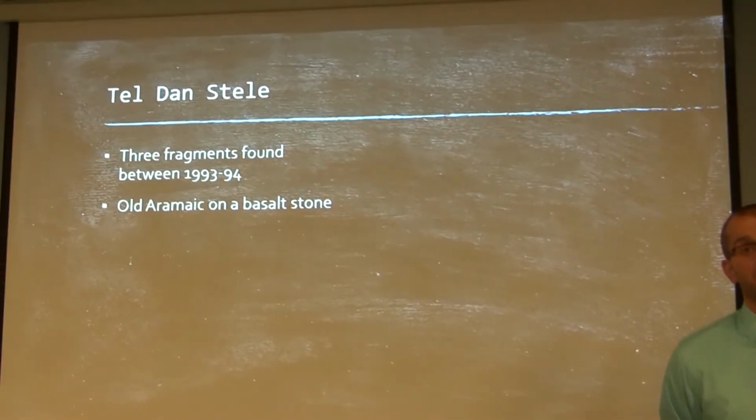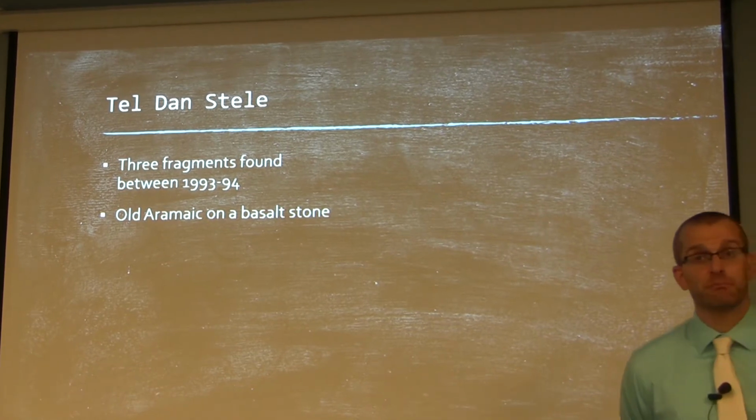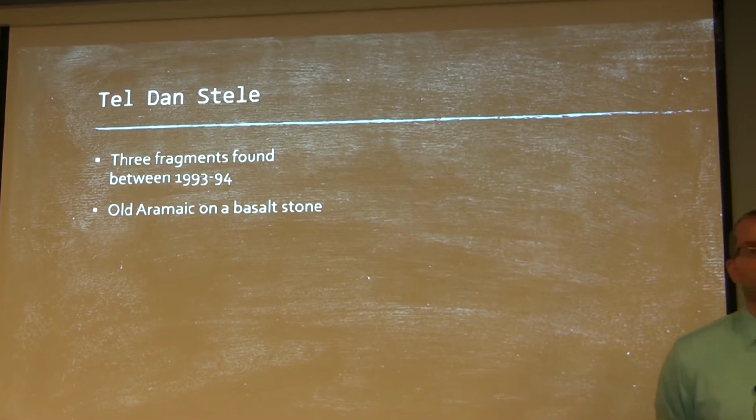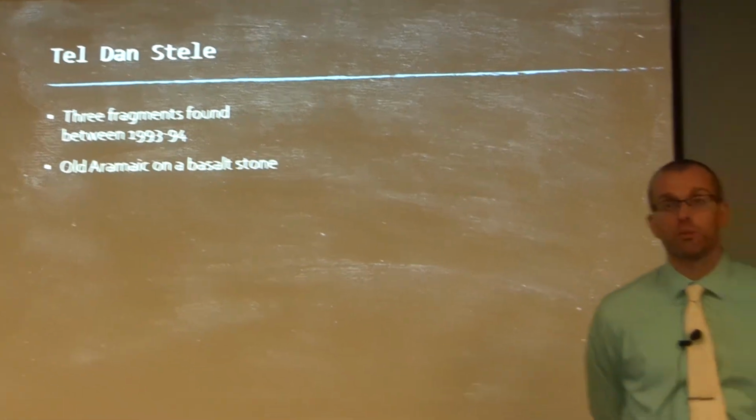It is an inscription. It's not written in Hebrew, it's written in Old Aramaic. And it's an inscription found on a very nice basalt stone monument. The fragments obviously show us that the stone monument has been broken, and each one of these fragments was actually found in what we call secondary usage, meaning that it was used as something else. 2 of them were found as paving stones. Another one was found as a stone literally sticking out of a wall.